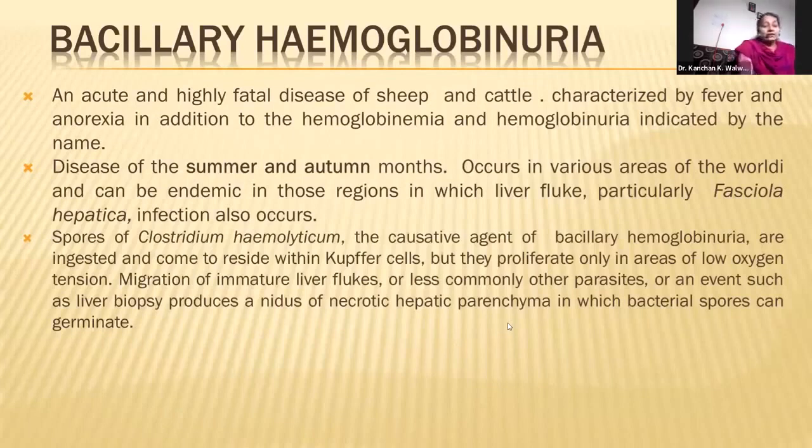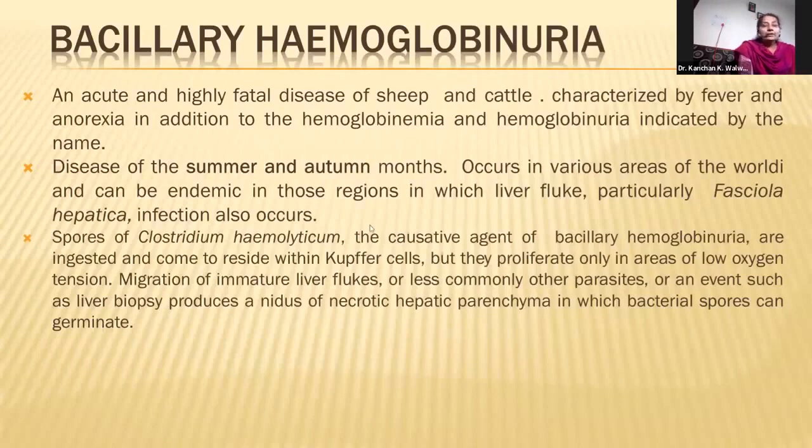So whenever there is endoparasitic infection, and whenever there is excess starvation, when the animal's immune system goes down, at that time you will find this hemoglobinuria, and up to 80% you can diagnose it as Clostridium hemolyticum, because of the season and because of the prevalence of flukes in that particular time period.